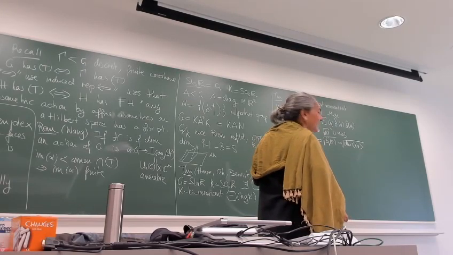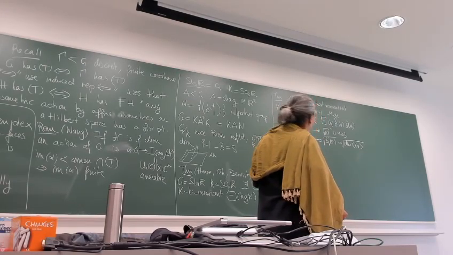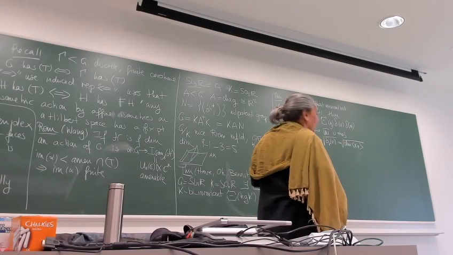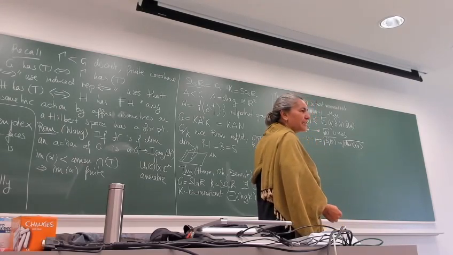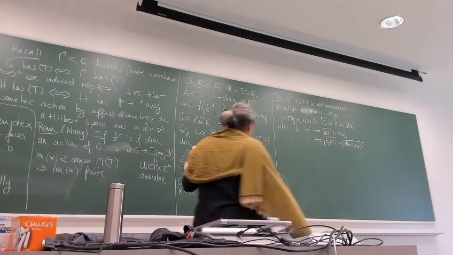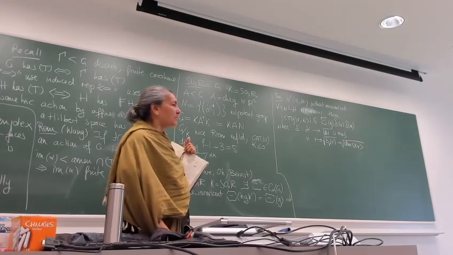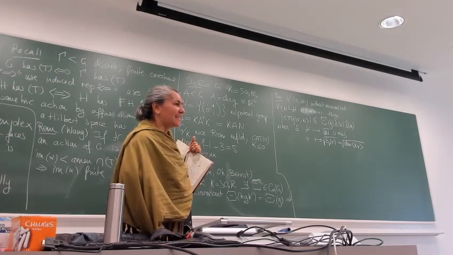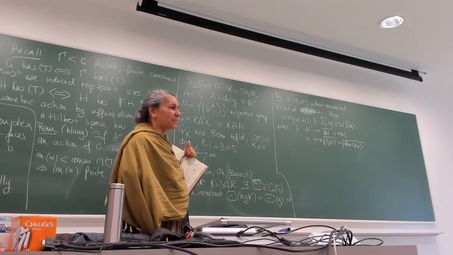Sorry, just so, this function is the Harish-Chandra function? Yeah, this is the Harish-Chandra function. So it is L2 plus epsilon? I don't know. I think so. Yeah, I think so.